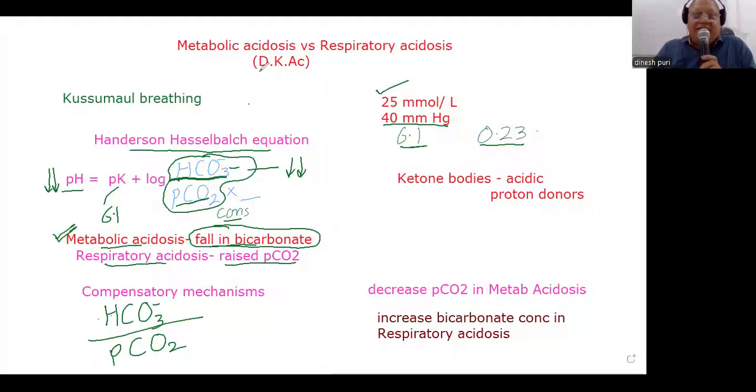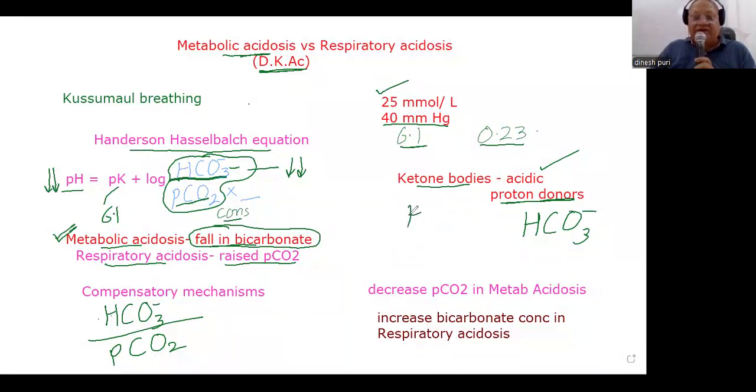We return to diabetic ketoacidosis. Why do we call it metabolic acidosis? In other words, why is there a fall in the bicarbonate concentration from the normal value of 25 millimole per liter? In ketoacidosis, there is excessive generation of ketone bodies: acetoacetic acid, beta hydroxybutyric acid. They are all acidic products and therefore proton donors. Acid means proton donor.